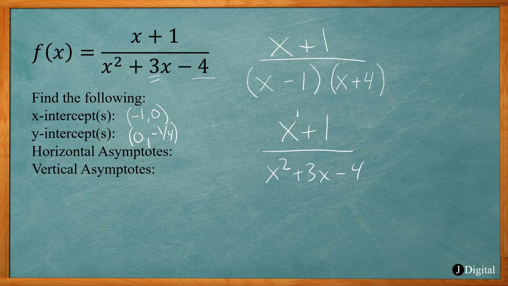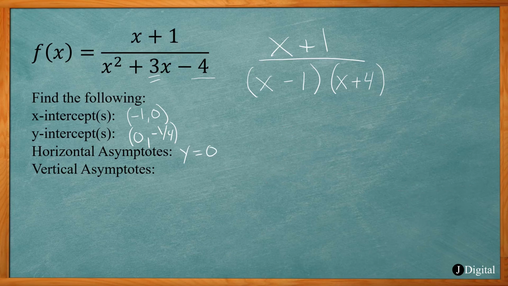So whenever you have the denominator with a higher degree, your horizontal asymptote will be at y equals 0. That's because you have x over x squared. As x goes into infinity, x squared will be a lot bigger than the top, so it's going to approach 0. Alright, so our y-asymptote is at y equals 0.